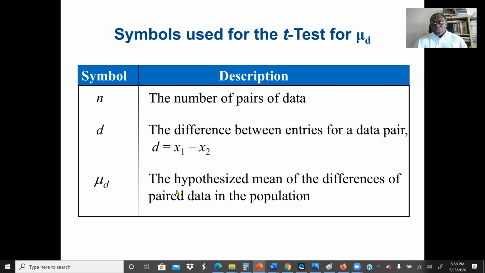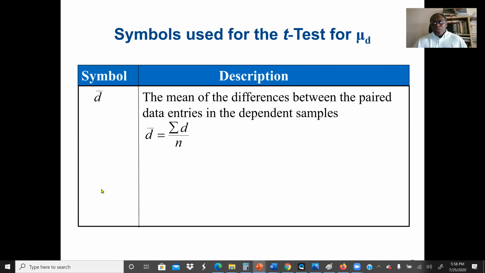This will be the hypothesized mean of the differences of the paired data in the population. Then we have D bar, which will be the mean of the differences between the paired data entries in the dependent samples. So D bar is equal to the sum of all the Ds divided by n, the number of pairs or the sample size.